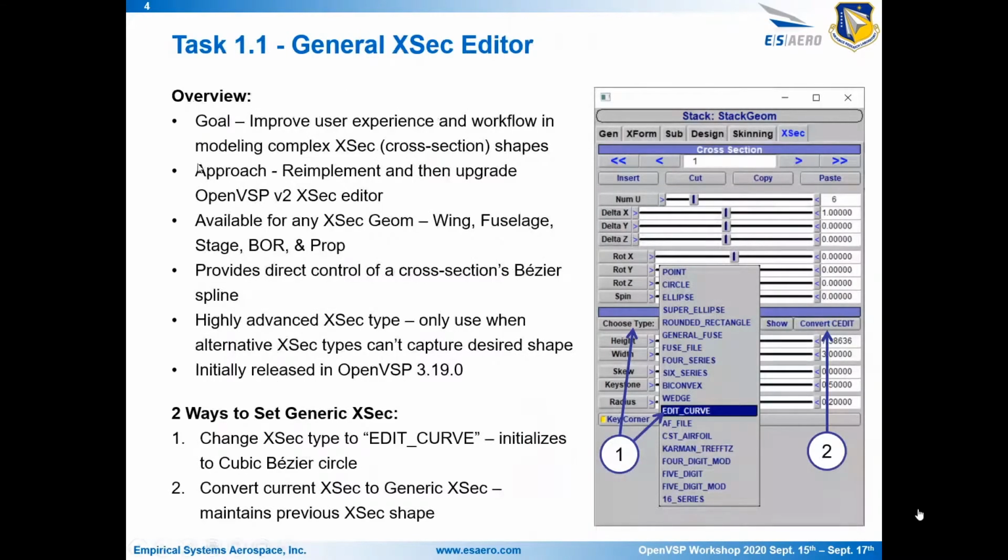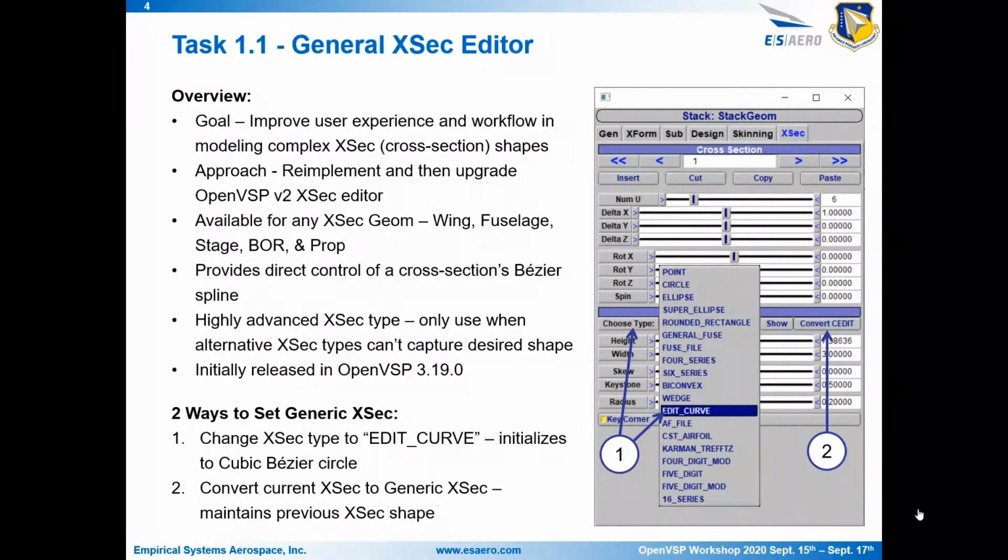So first, the generic cross-section editor. This is task 1.1. This is basically a cross-section that is a little more advanced than the other ones that were previously available in the OpenVSP GUI. This was initially released back in 3.19, and what it allows you to do is to have direct control over the Bezier control points that make up the spline of a cross-section.